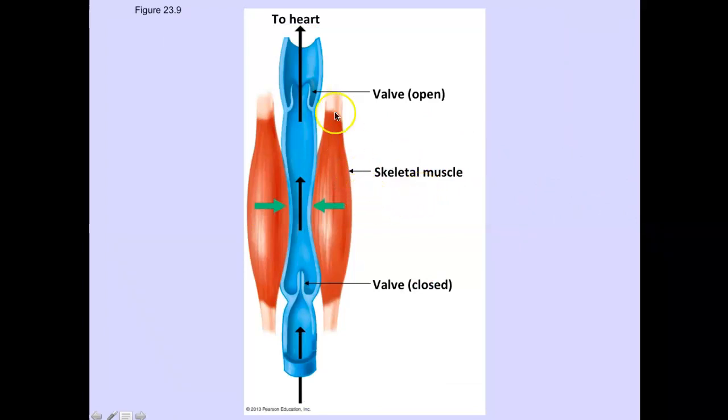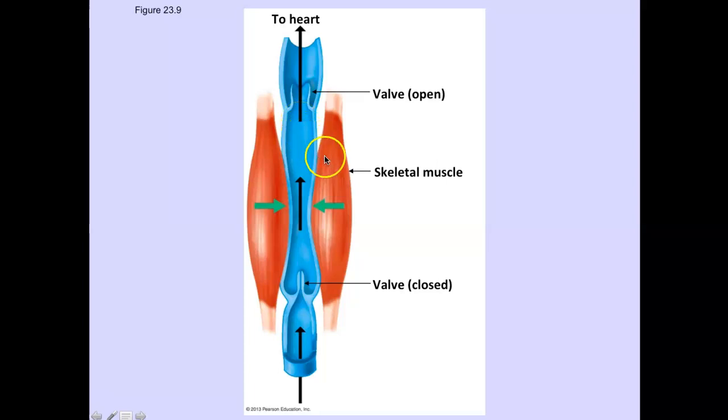And veins will have a special feature called valves inside. Remember, valves prevent backflow. Any valve in your body, whether it's in the heart, in your vessels or anywhere else, they prevent backflow. So there's a valve here, there's a valve here, so here's a section of the vein.